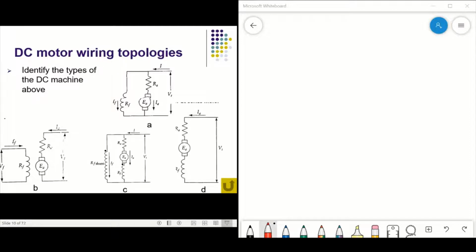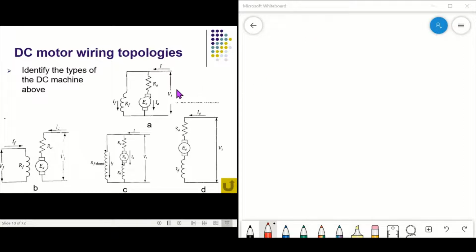So now we want to apply Kirchhoff's voltage law, the KVL equation, for the armature circuit. We apply KVL here, here, here, and here. We go to figure A first.